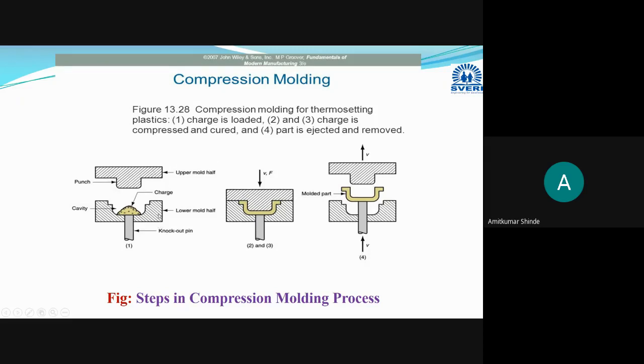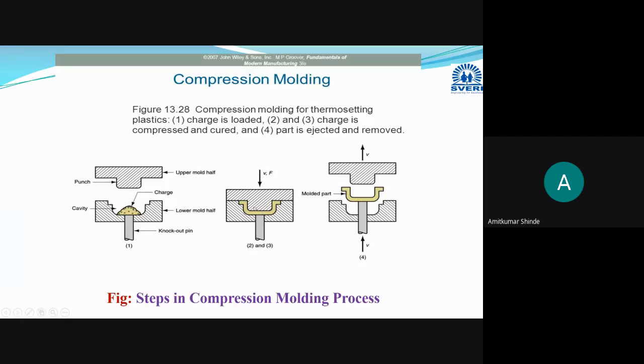In the lower mold half, we take the charge or preform, which is nothing but the preheated raw material. It is taken in the lower half of the mold cavity, and we heat it.